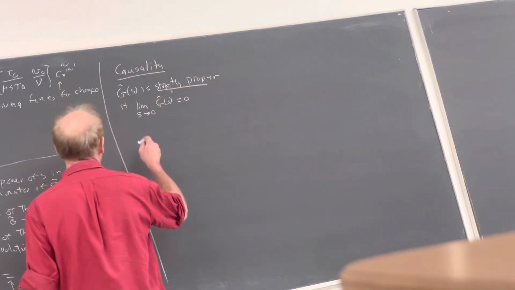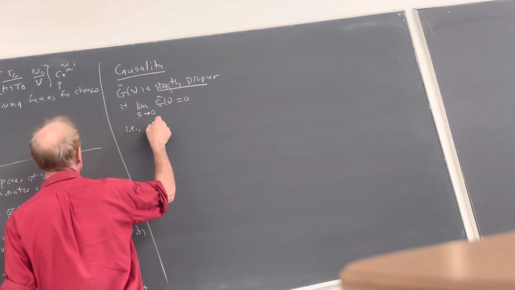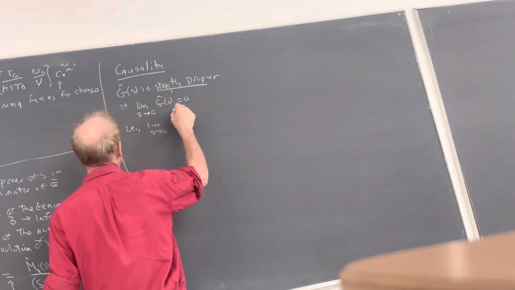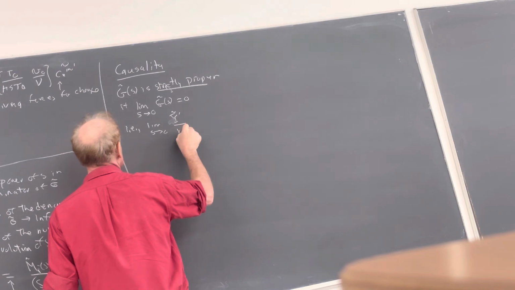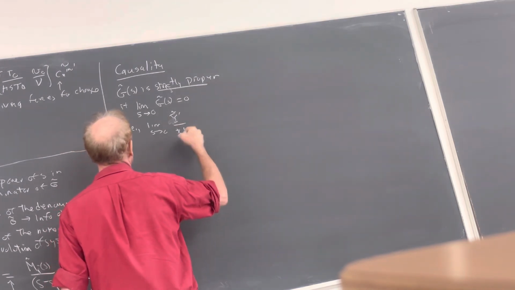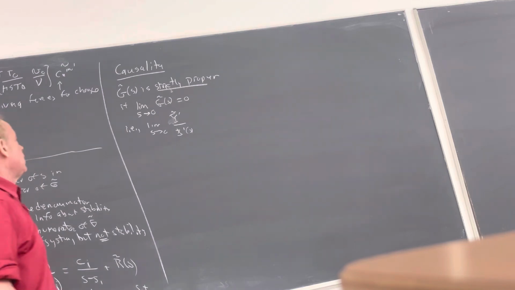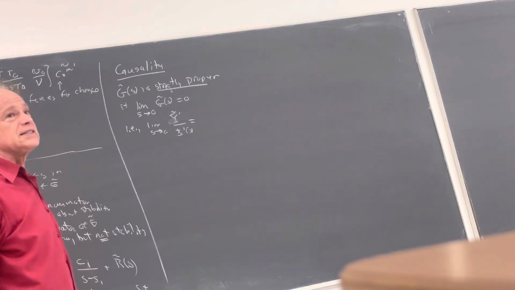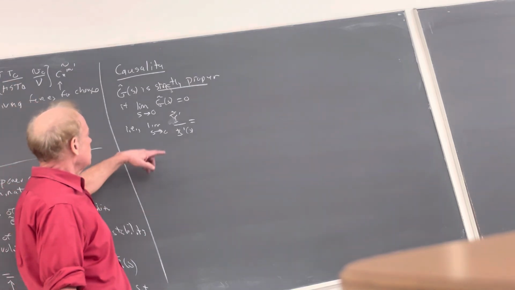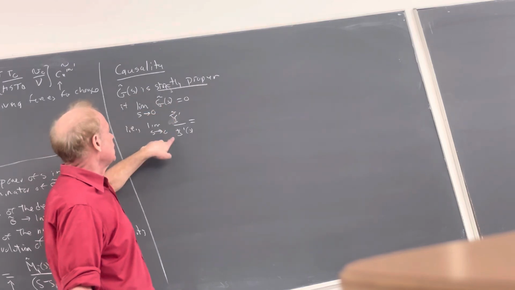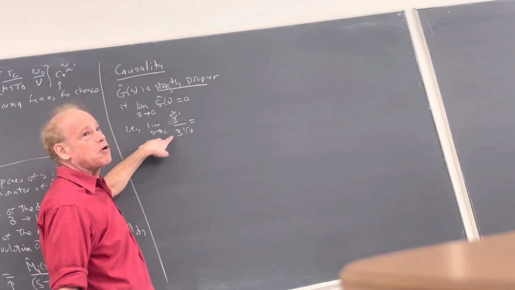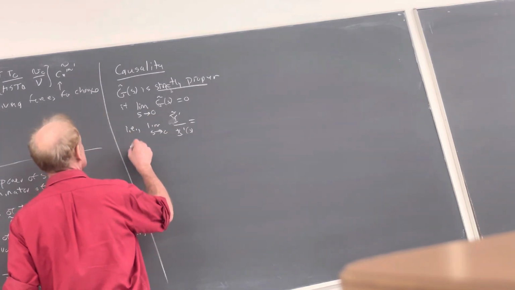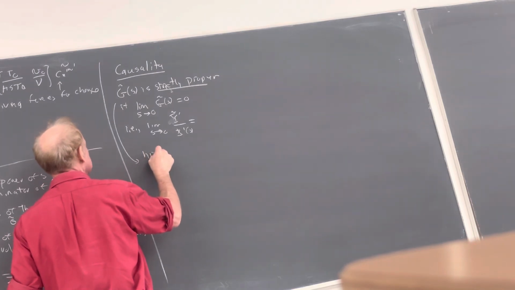Well, let's remember, G tilde of S is Y tilde prime over X tilde prime. The first thing it's telling me is that the only way the limit can be 0 is if the highest power of S in the denominator is bigger than the highest power of S in the numerator.